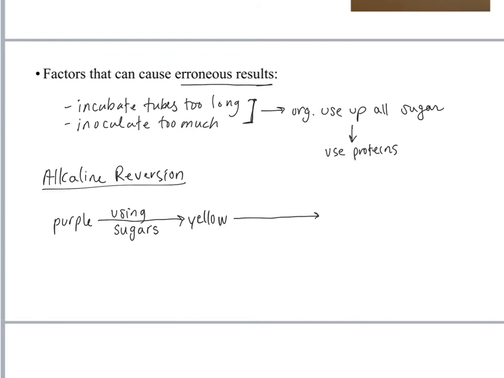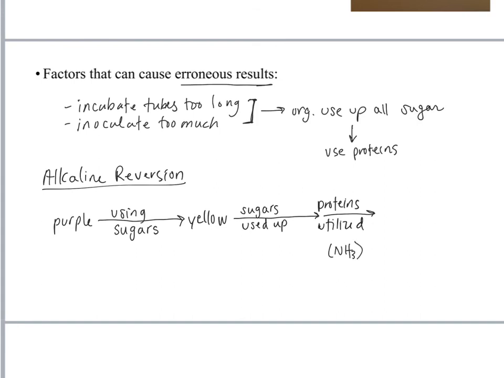But again, if you're incubating too long or for some reason the sugars get used up, then basically the organism will switch and start using proteins instead. Okay, the end products of protein utilization are not acidic. You're going to get things like ammonia as byproducts.